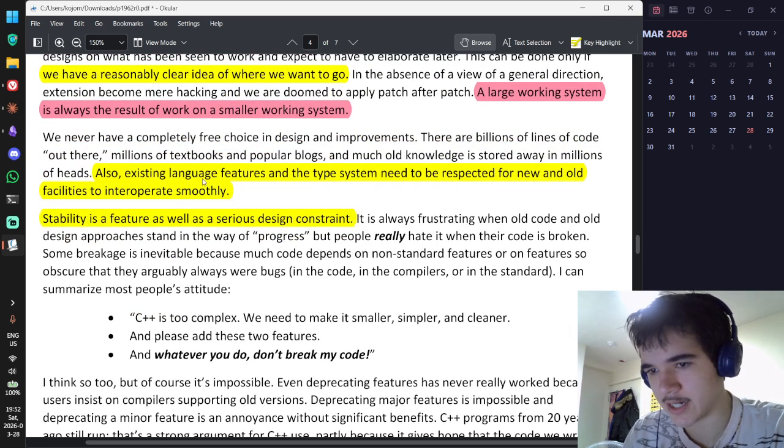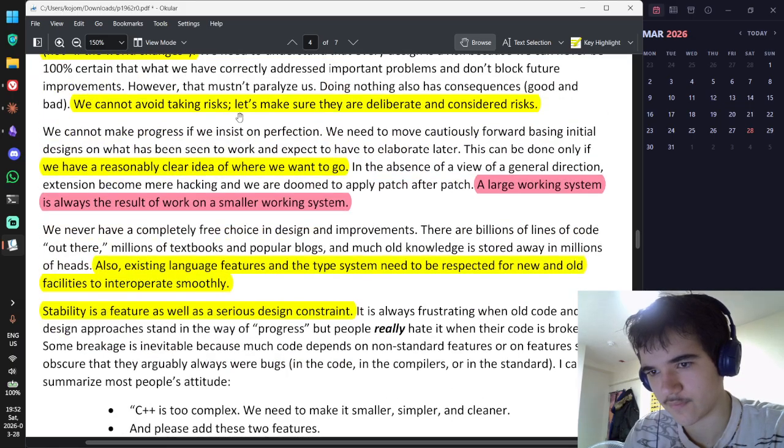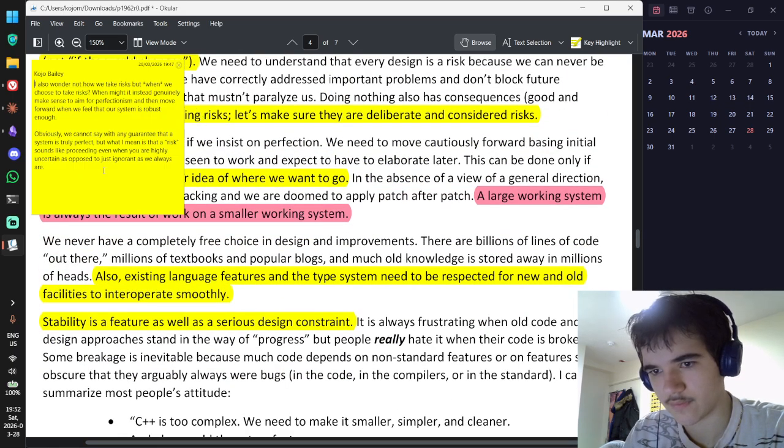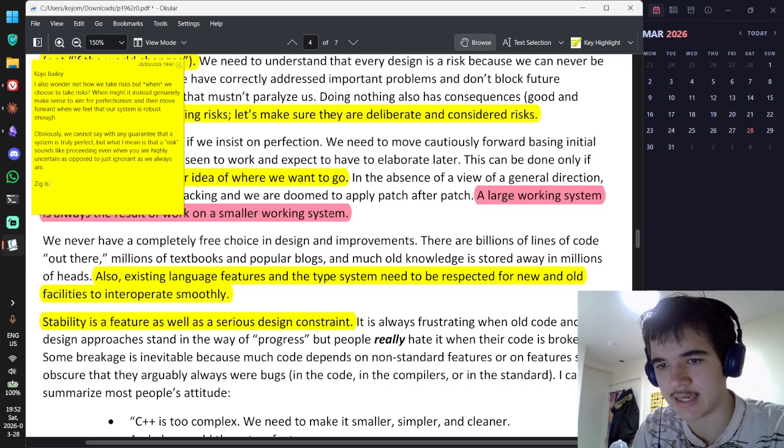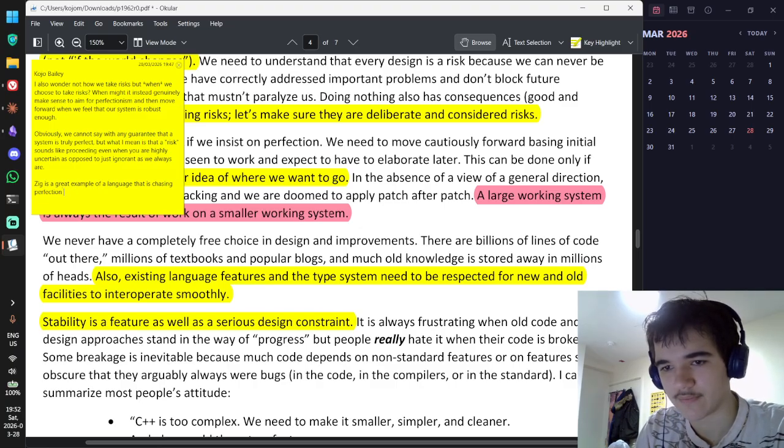And I saw something else here. Yeah, Zig is once again a great example of a language that is chasing perfection.